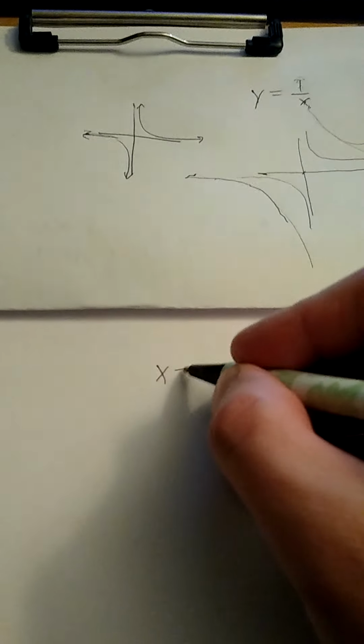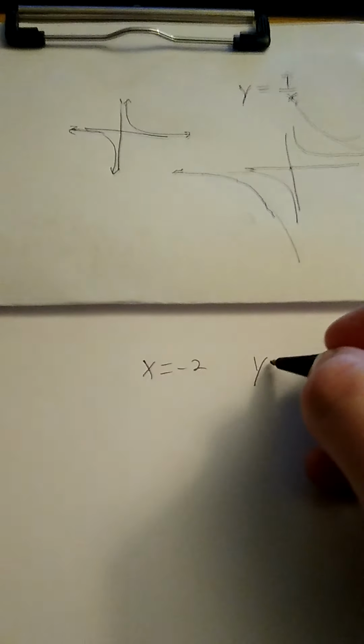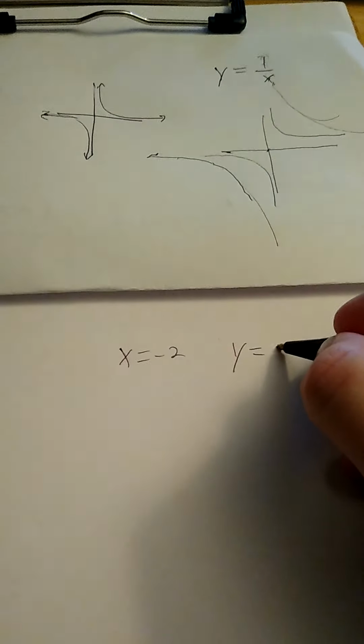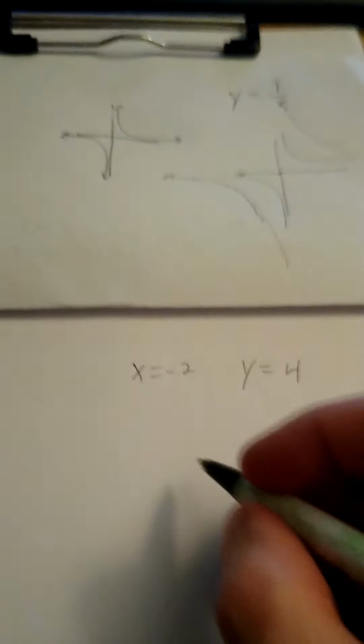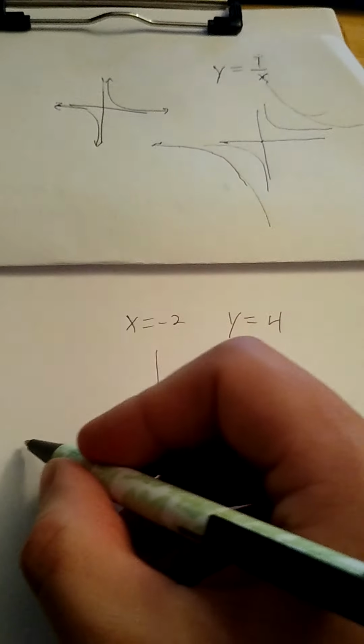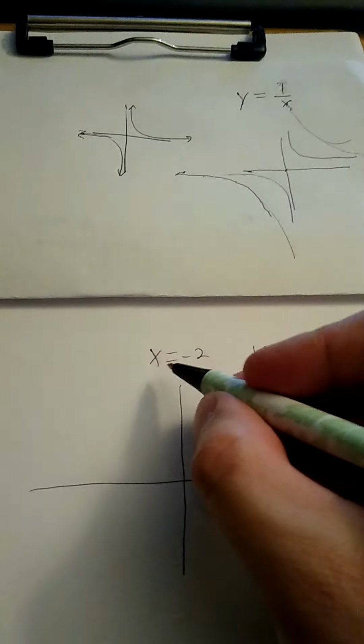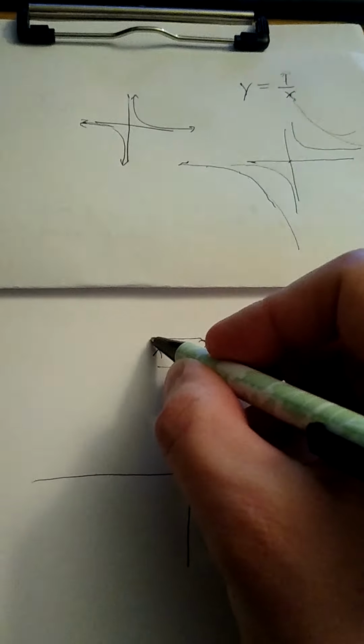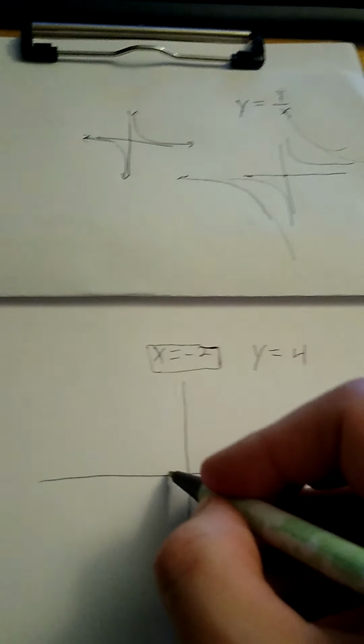I'm going to do it from scratch here very quickly. What I know is that I have a vertical asymptote at x equals negative 2, and a horizontal asymptote at y equals 4. So the first thing I'm going to do is draw my vertical asymptote at x equals negative 2.